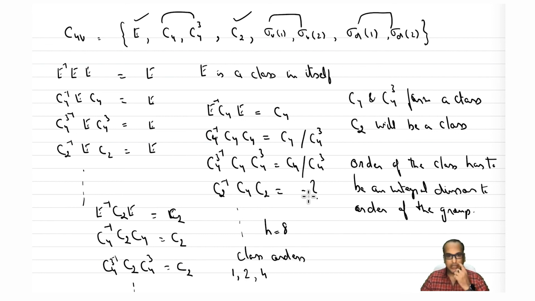But it is not necessary that all such integral divisor orders form a class, because you will see that there is a class of order 1, there is a class of order 1, and there is a class of order 2, 2, 2, but there is no class present for order 4 in this particular case, right? So this is the condition, but it is not necessary that all the orders which are integral divisors would form a class. But if it is forming a class, it has to be an integral divisor of the original order of the group. Okay, so I hope this is clear.